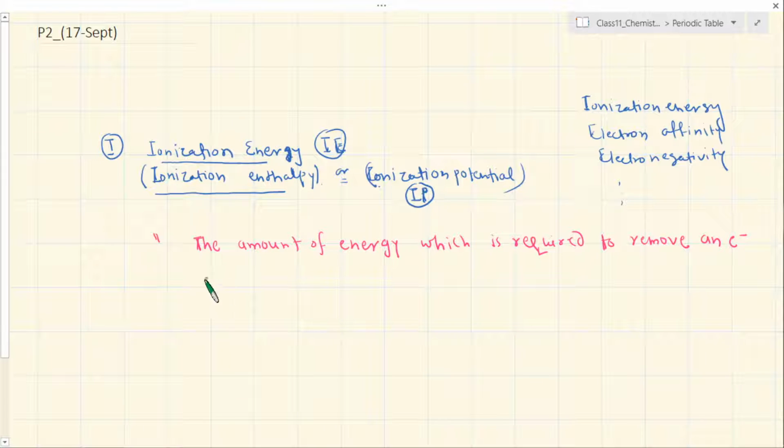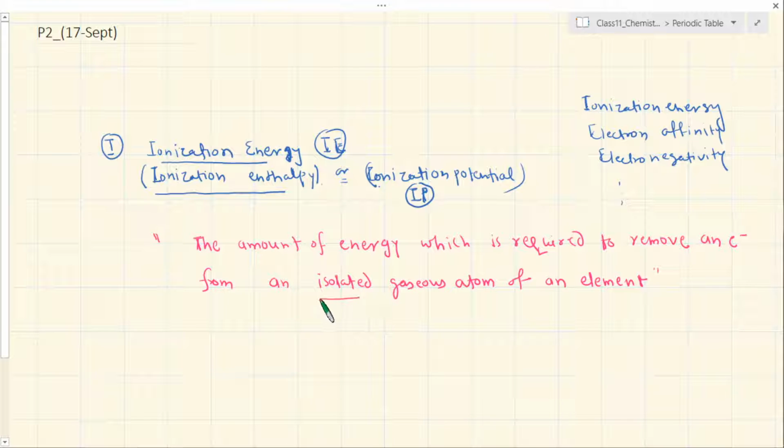To remove an electron from an isolated, these terms are important, okay, isolated gaseous atom of an element. Okay, this is the thing.